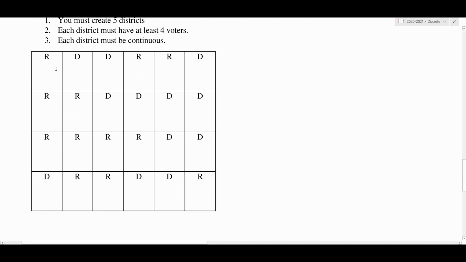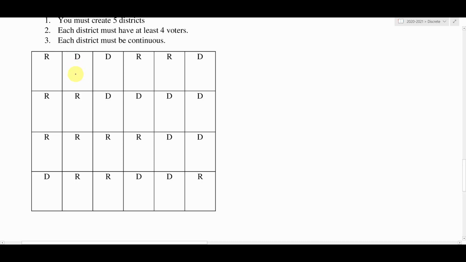We know that in this part of the state, most people tend to vote Republican, so we would consider this a Republican region of the state. Whereas in this rectangular region, most of the people are going to vote Democrat. So this is a Democratic region of the state.